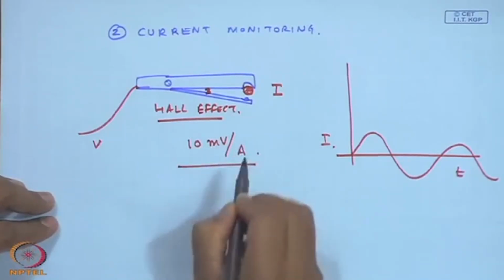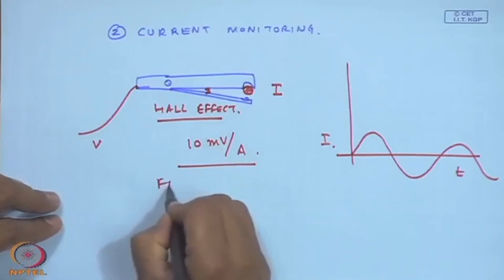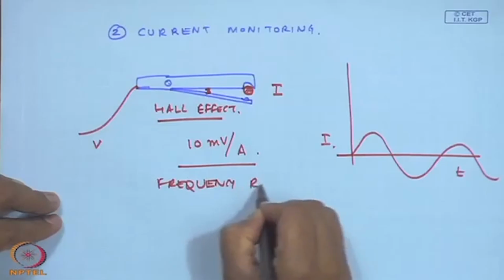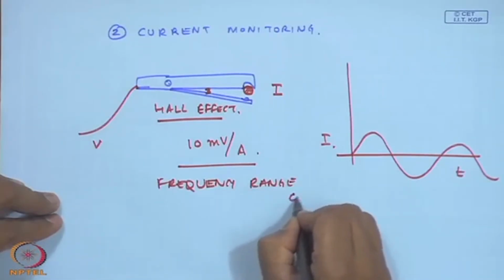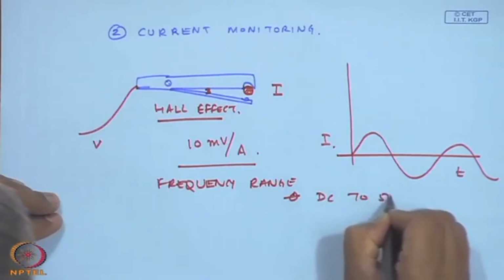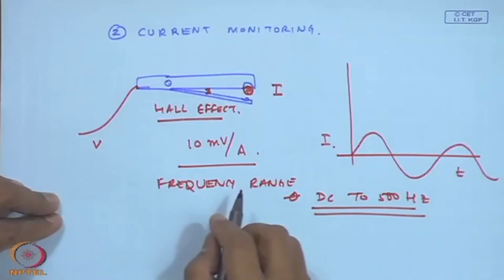The reason we are using Hall effect sensors is because they have a high frequency range, all the way from 0 or DC to about 500 hertz.